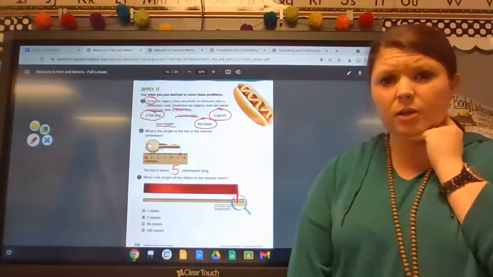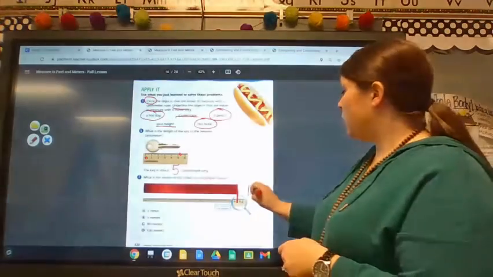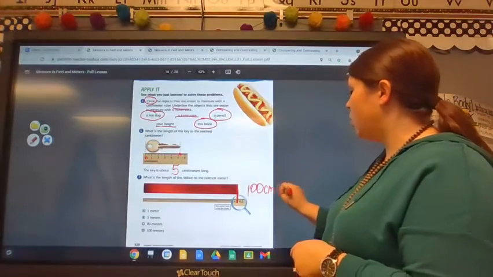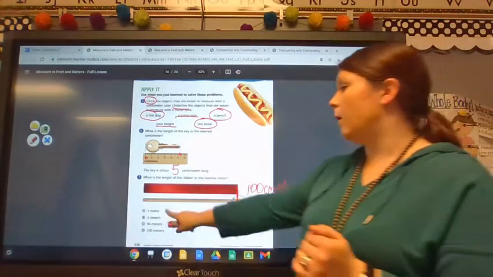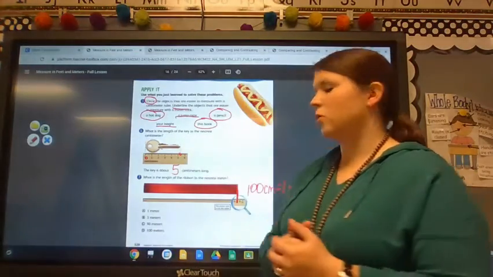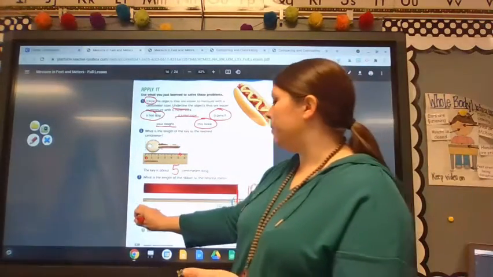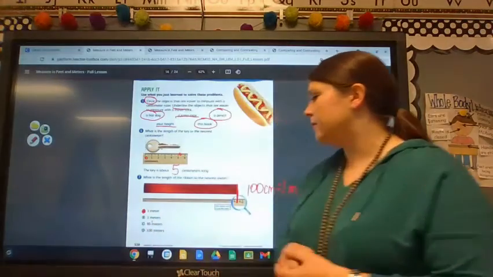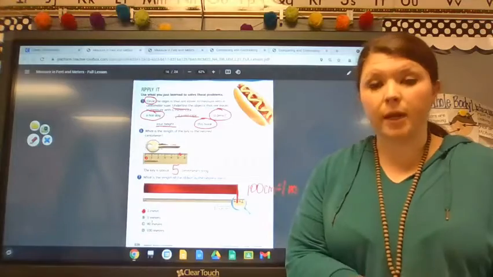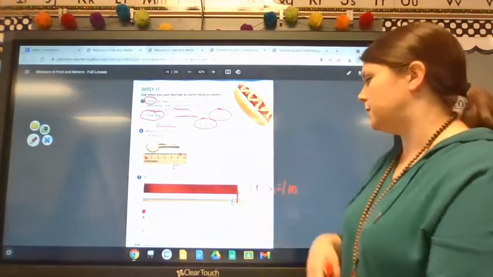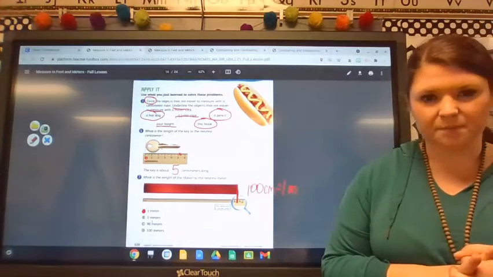There are 100 centimeters on one meter stick. So is this ribbon going to be closer to 1 meter, 30 meters, 90 meters, or 100 meters? It's going to be closer to 1 meter. They tricked us down here with 90 meters and 100 meters because we were looking at that and thinking centimeters. But remember, it wanted the closest meter, not the closest centimeter. So the length of this ribbon is about 1 meter.